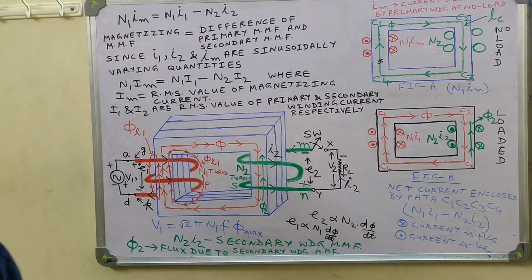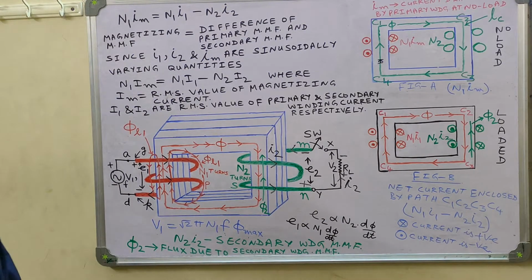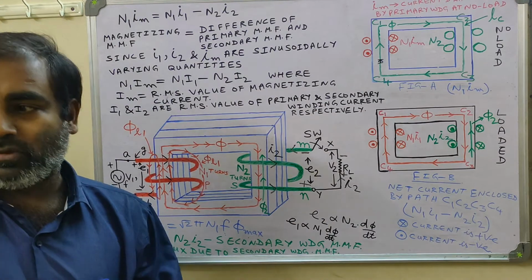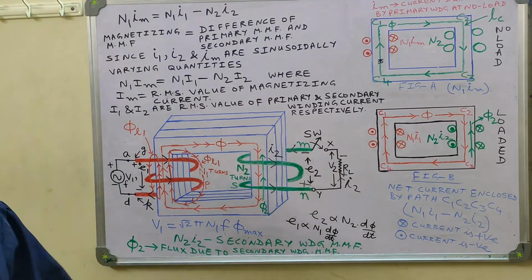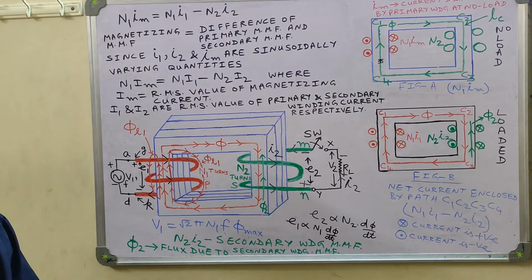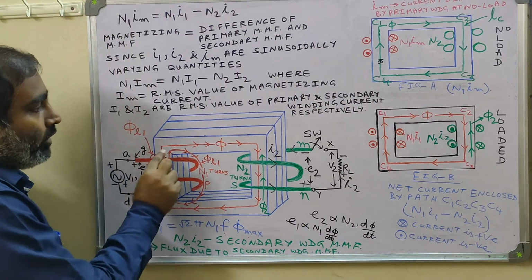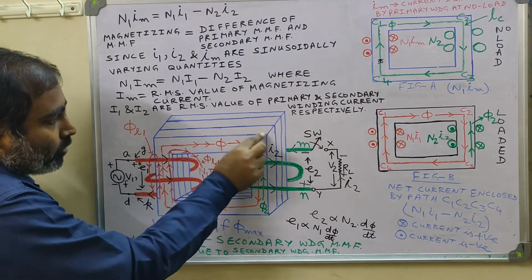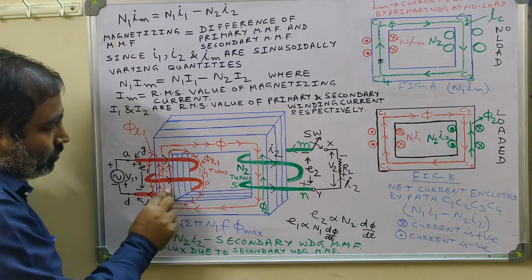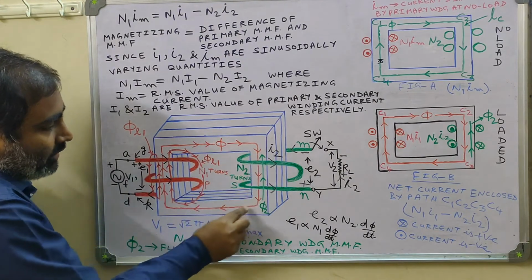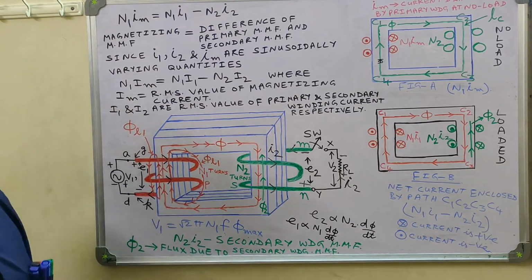If there is no leakage flux, then whatever magnetic flux has been established is confined totally inside the magnetic core of the transformer. The path of the mutual flux will be along this magnetic core. So all the flux is mutual flux. There is no leakage flux.